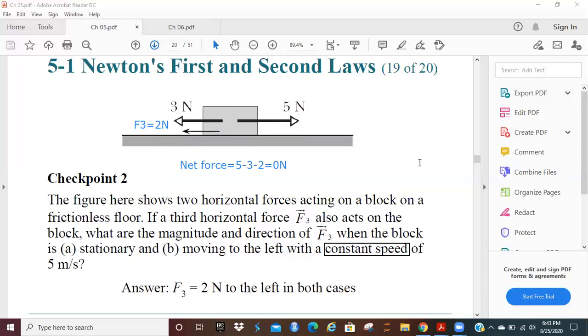So when something has a net force on it of 0, it's going to continue to either remain completely stopped or remain moving at a constant speed. Does that make sense? Yeah. Okay. It's a little twisted there, I grant you, but since we're talking about force, and force is acceleration, which is a change in the speed, then when you remember that, this makes a little bit more sense.